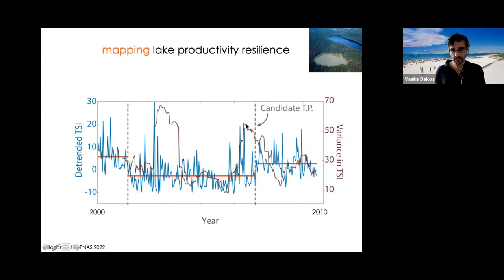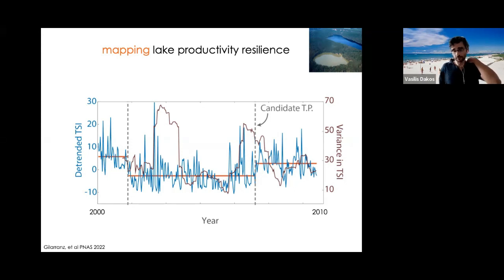And the vertical lines represent a regime shift analysis. So we try to look for abrupt shifts, basically meaning that you have a statistical change from one part of the record to the next. So here you see, for example, that for this particular lake, we had one and a second abrupt shift. And in this one, we classified that as a potential tipping point, because that abrupt shift was associated with an increase in variability shortly before the shift.